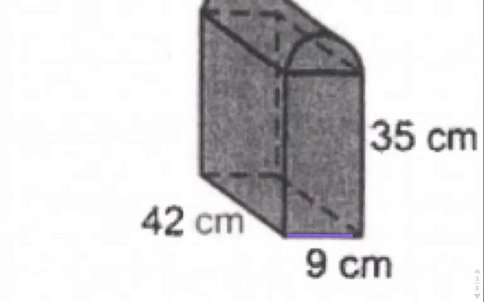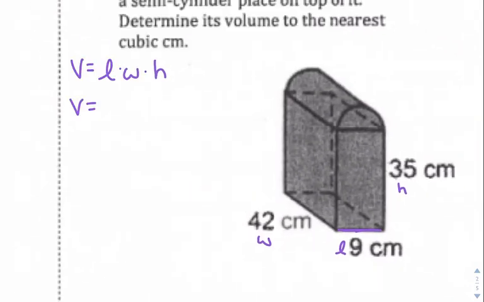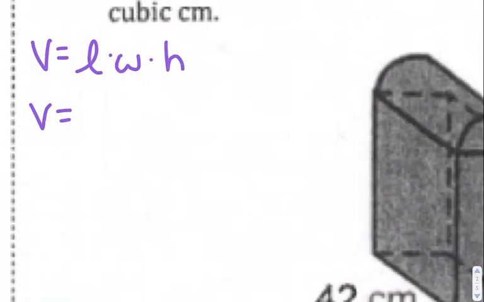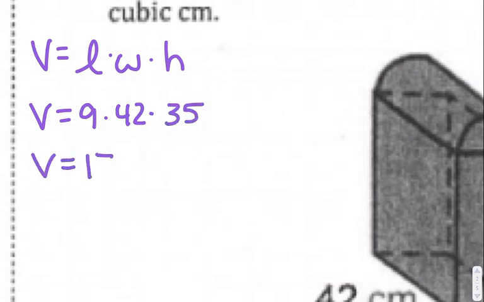Well, here the length is 9, the width is 42, and the height is 35. So 9 times 42 times 35. And that volume is going to be 13230 centimeters cubed.